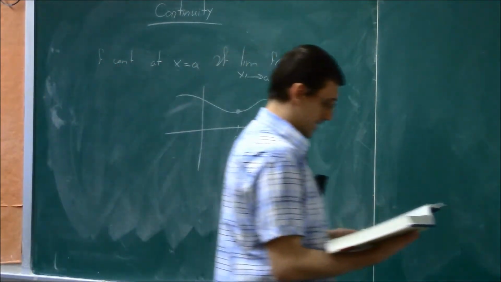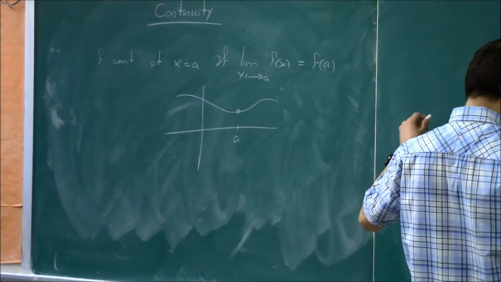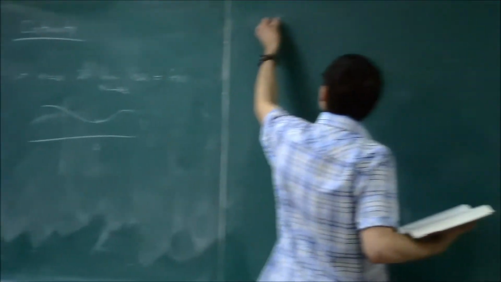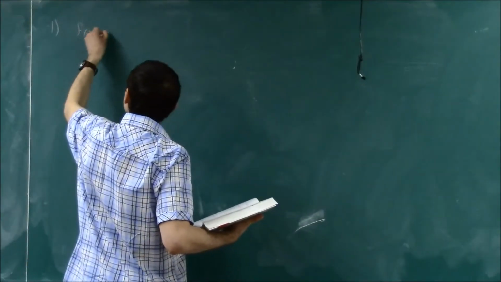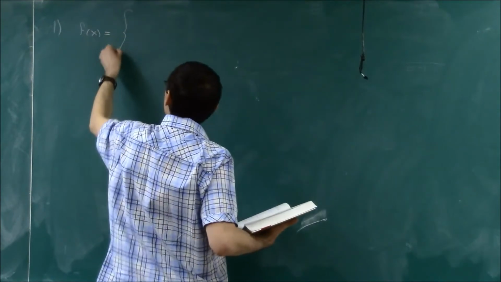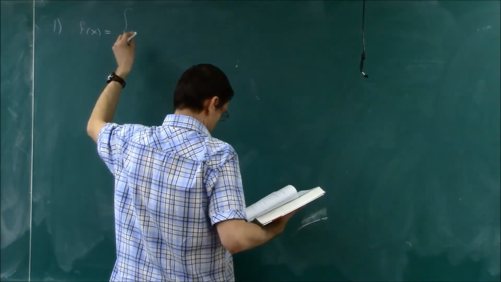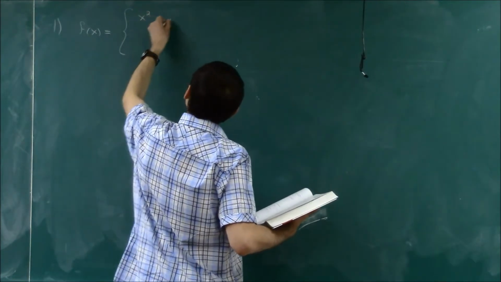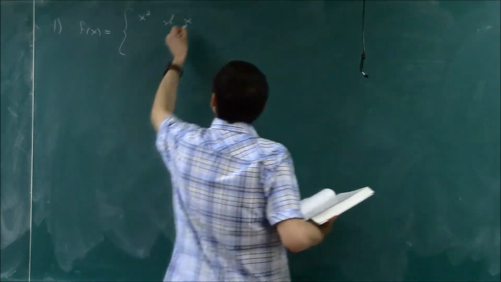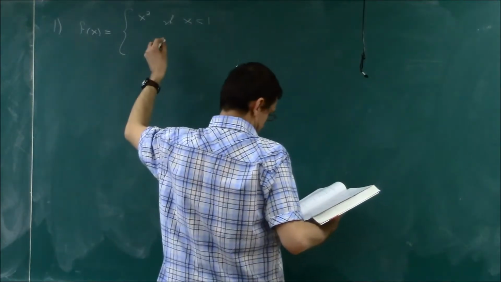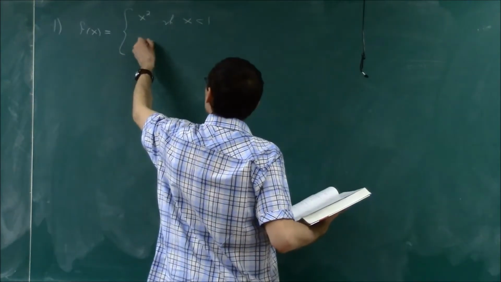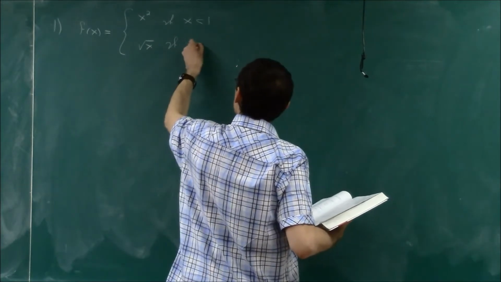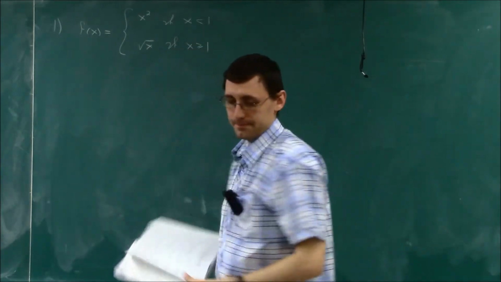Let's look at some examples of how to answer questions on continuity. So example 1. Suppose we have this function f of x equal to x squared if x is less than 1, and it's equal to root of x if x is bigger than or equal to 1.